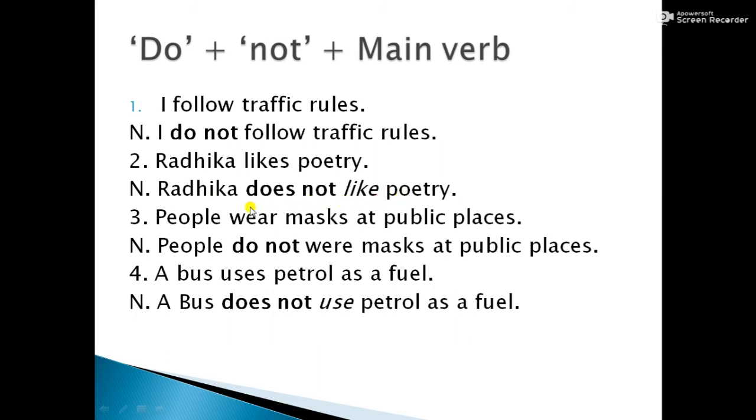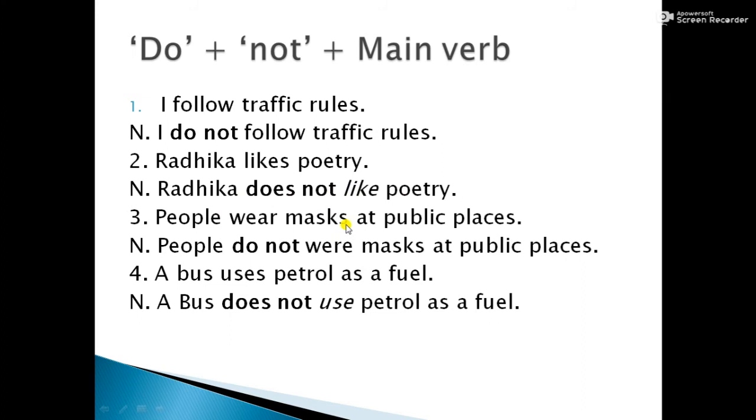See, does because of likes, then not, and like. Now when we add does here, you need not again add s to the main verb. So, does not like poetry.